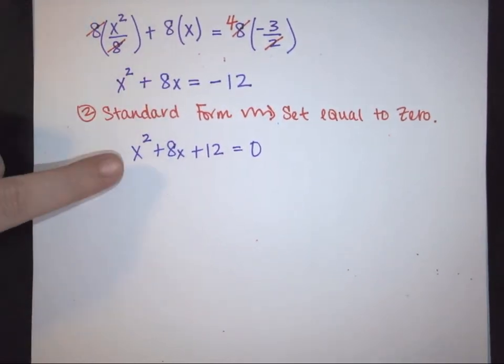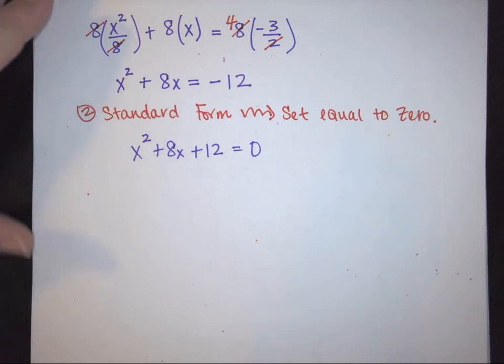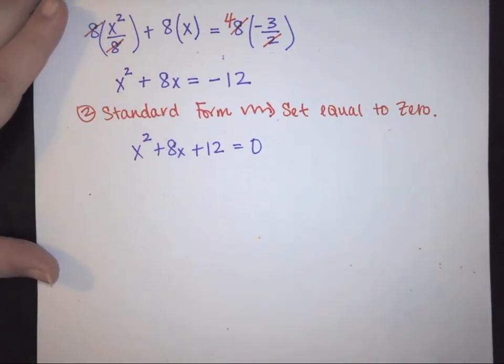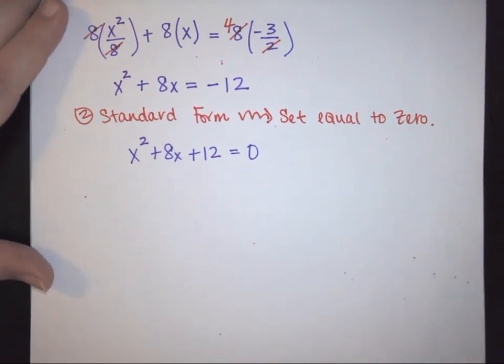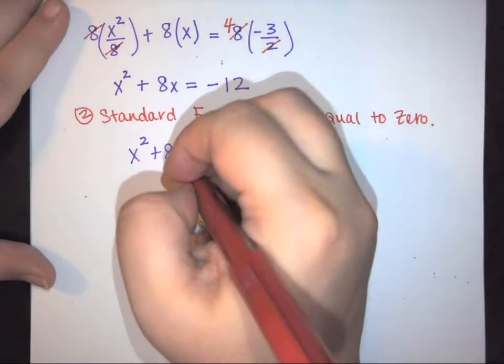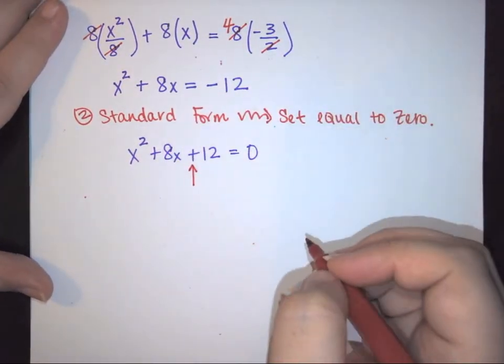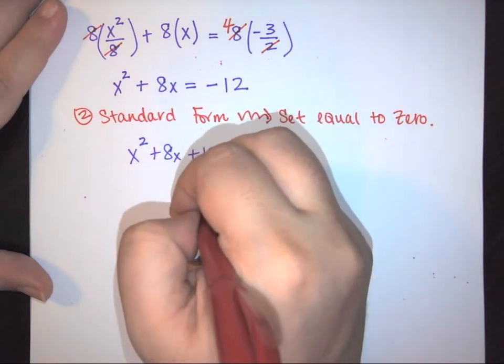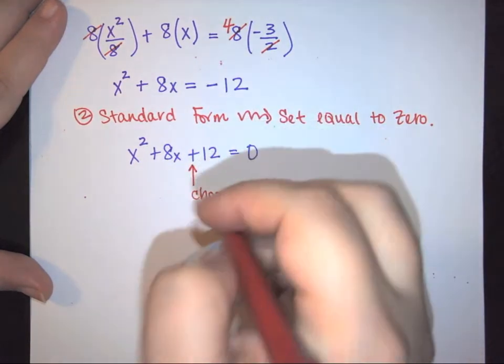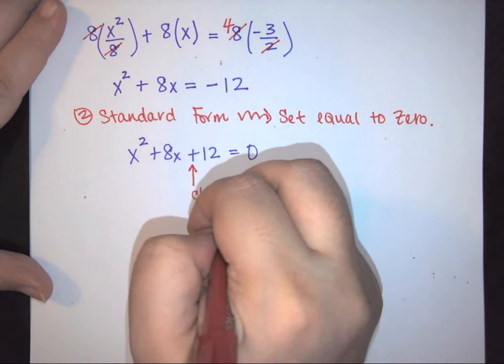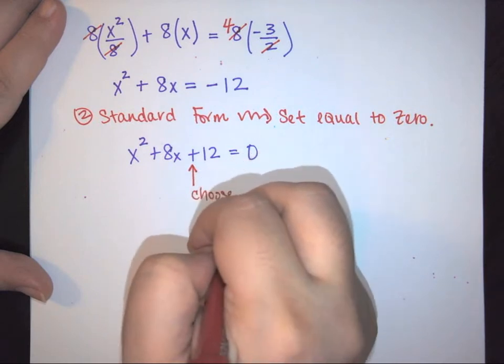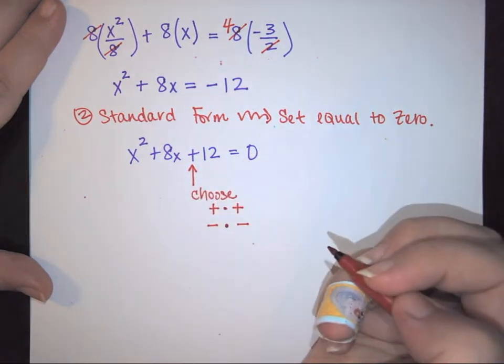Now, because this has an a equal to 1, I would go ahead and work to set up my factors. Again, the biggest thing we need to remember here is that this sign here tells us that we have to choose either positive times positive or negative times negative.